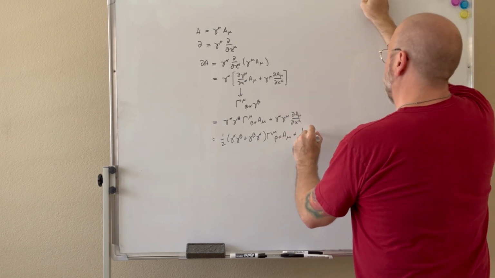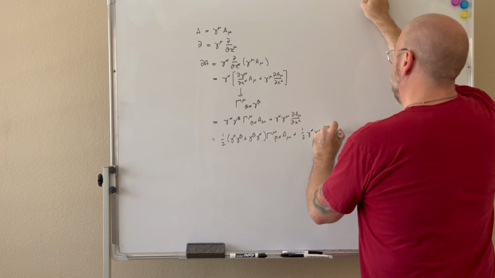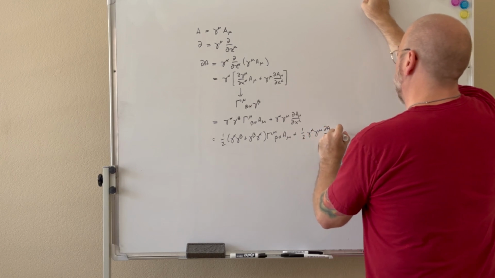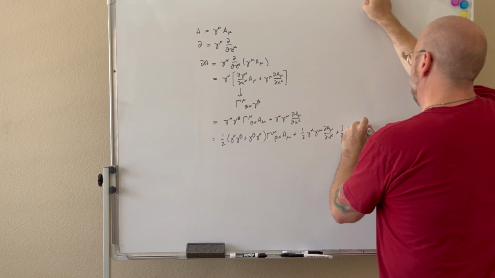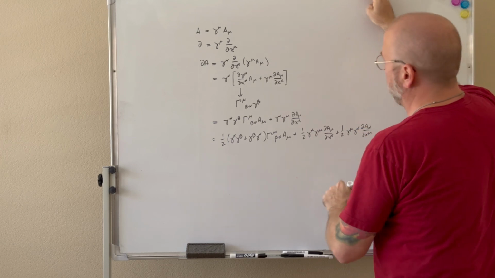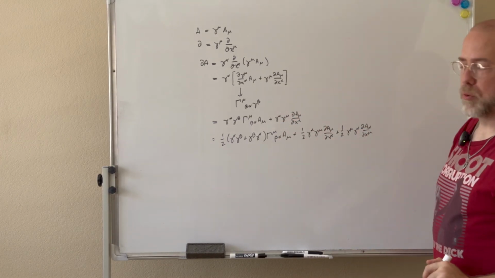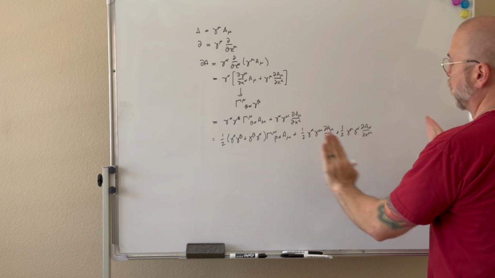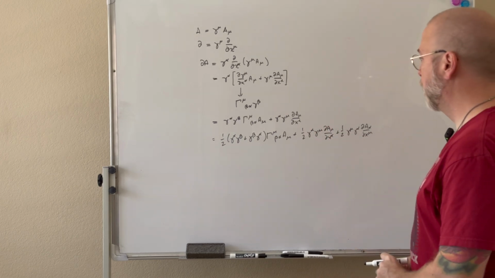Well, let's go ahead and write a symmetric version of it. I'm going to do some tricks on this so you can see, even though tricks are for kids. So all I've done here is I've written it twice. That's why we get the 1/2, and then I just swap the indices. You'll see why in a second.